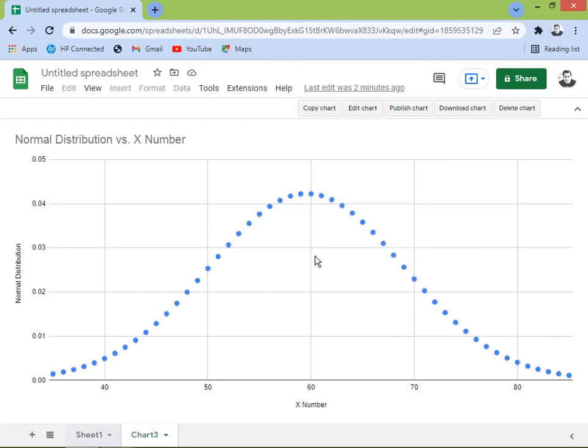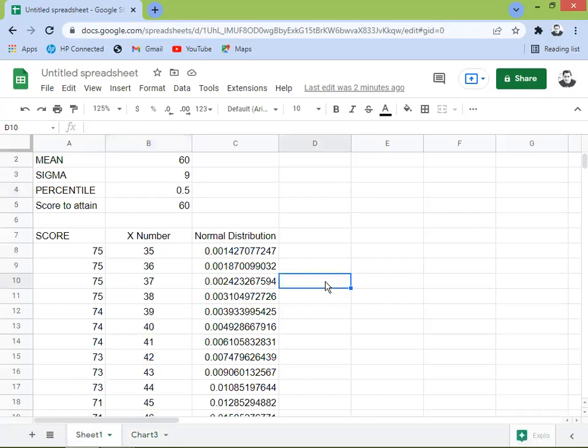The majority, two-thirds of our normal distribution in our population, is right here between 51 and 69. So 69 minus 51, that would be our observation.